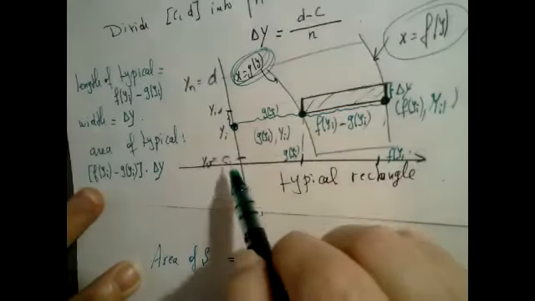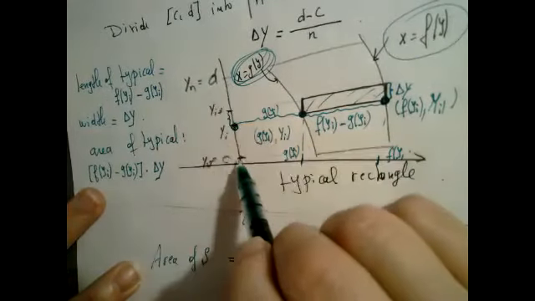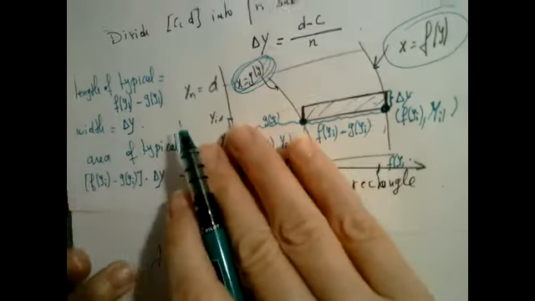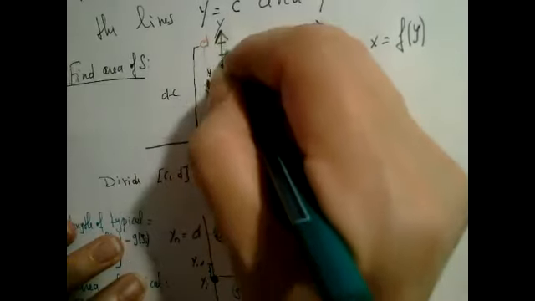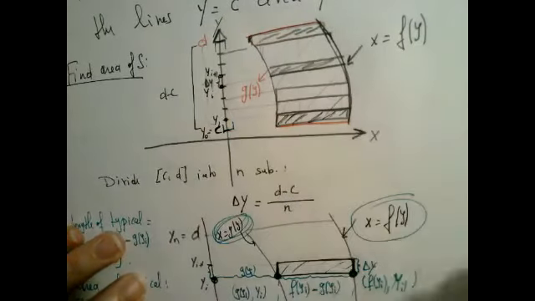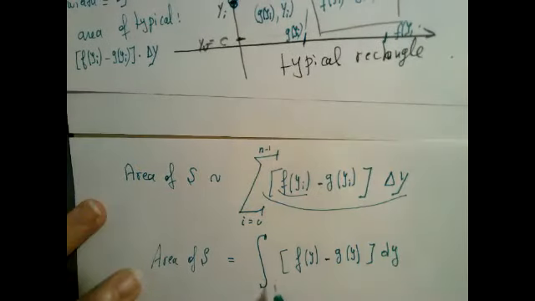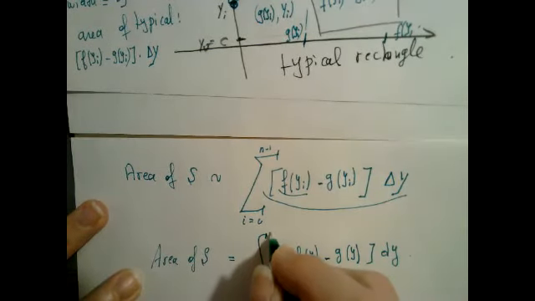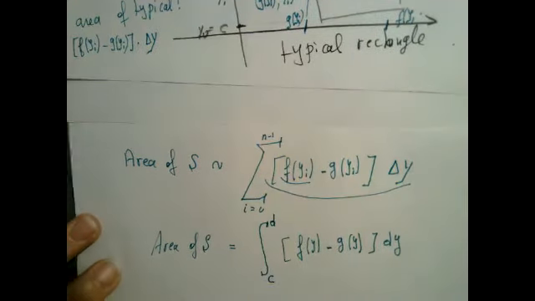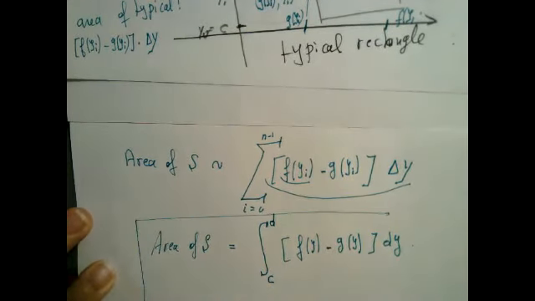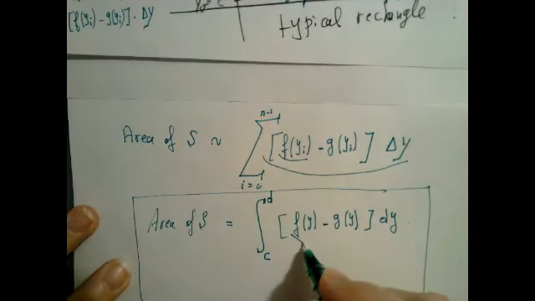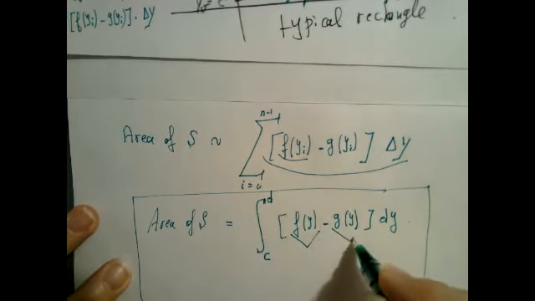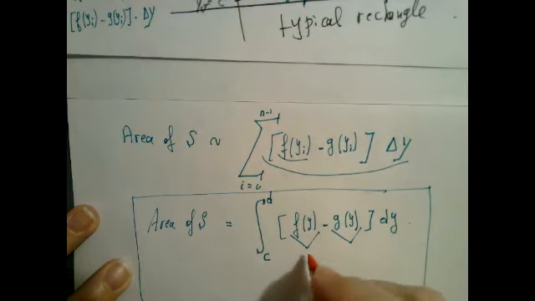I said, which interval I need to divide into pieces to cover my whole region. I need to divide the interval on the y-axis from C to D. So basically, we're reversing our way of thinking. Everything we did before was in x, now we're doing it for y. And that would be the area of S. This should always be the right curve, and this the left curve.